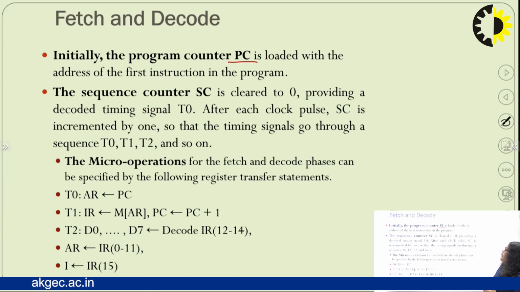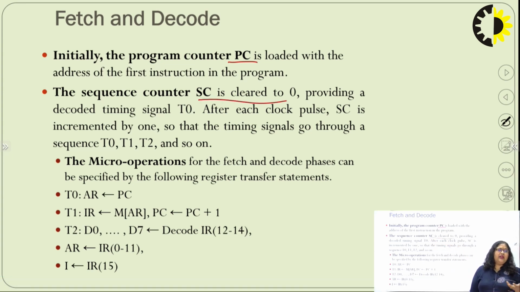And the sequence counter is cleared to 0, because when we initiate the instruction cycle with the first instruction, at that moment the sequence counter is cleared to 0. The sequence counter is cleared to 0 with each and every instruction of the computer system.